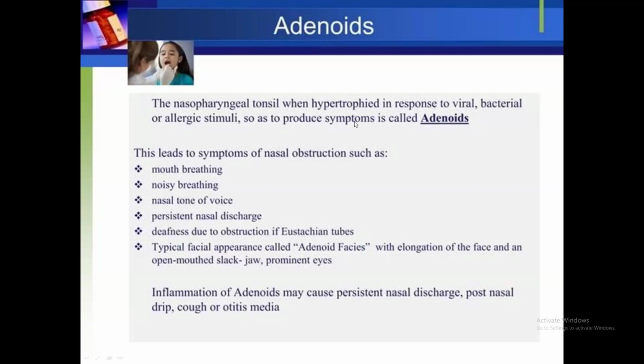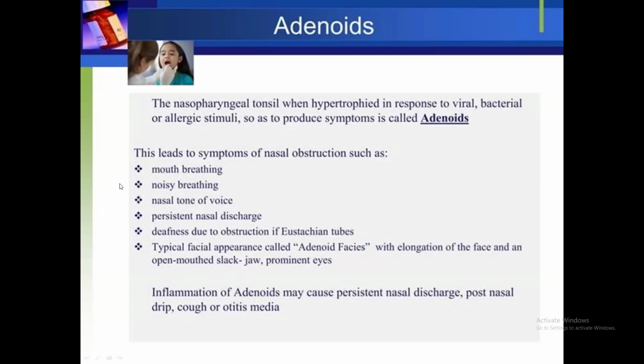They produce symptoms of nasal obstruction such as mouth breathing, noisy breathing, nasal tone of voice, persistent nasal discharge, deafness due to obstruction of the eustachian tube, and a typical facial appearance called adenoid facies, with elongation of the face, open mouth, slack jaw, and prominent eyes.